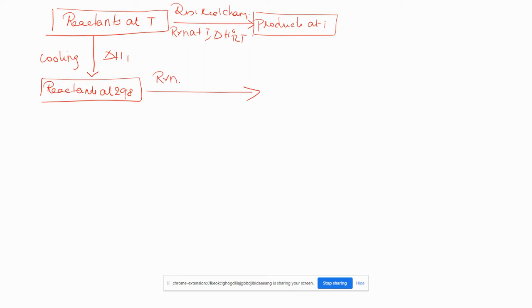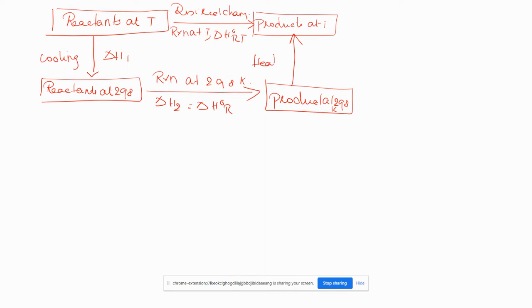Now the reaction takes place at 298 Kelvin, and this delta H2 will be equal to delta H0 R, because this is the standard condition. Since the reaction takes place at 298 Kelvin, you get the products also at 298 Kelvin.